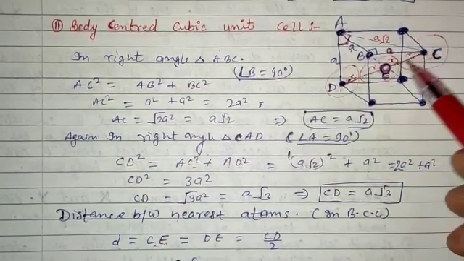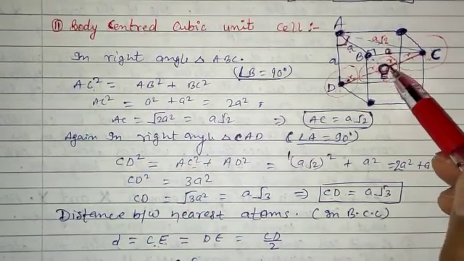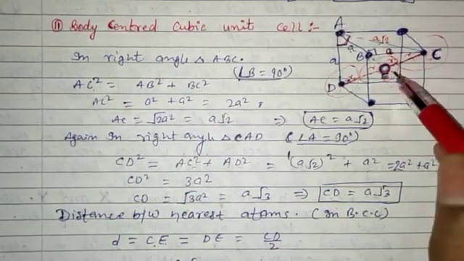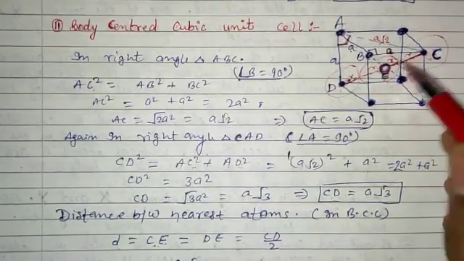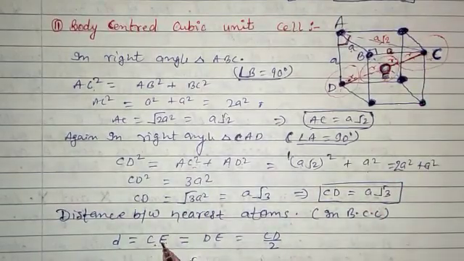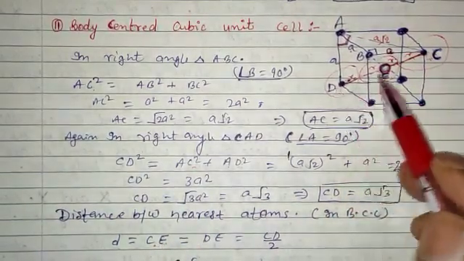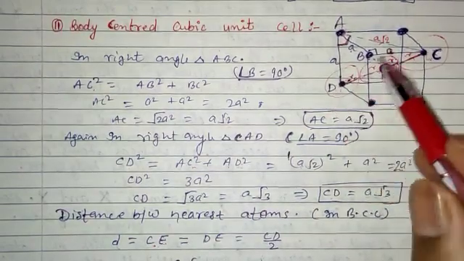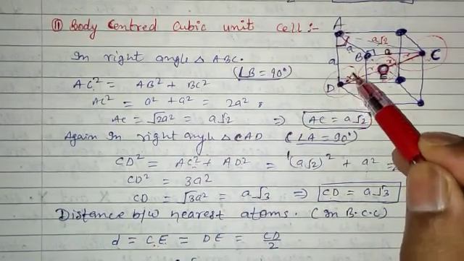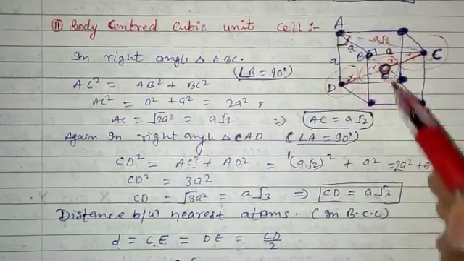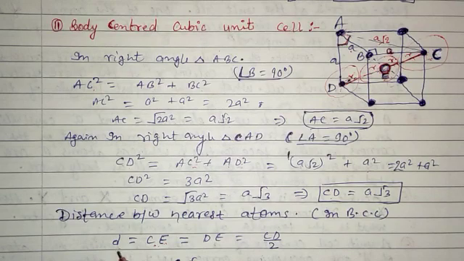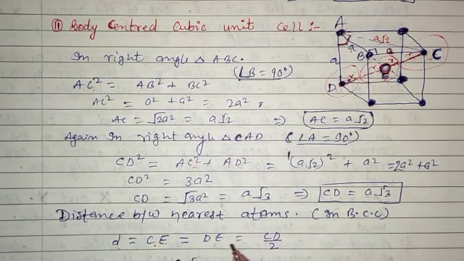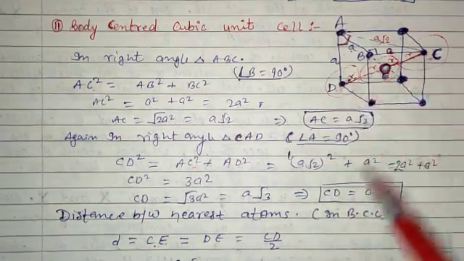In CE there are radius of atom E and radius of atom C, means distance between two nearest atoms d equal CE, that is also equal to DE. This will also be R plus r, means 2r, means you can say d equal CE equal DE, that is also half of the CD.